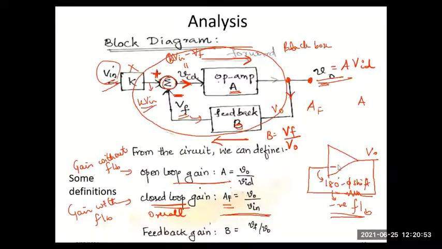Because in the op-amp, if you remember, we have a non-inverting terminal and an inverting terminal. The feedback which is brought from the output side to the input side will normally be connected to the inverting terminal, and anything connected to the inverting terminal will be shifted in phase by 180 degrees, which means with a minus sign.